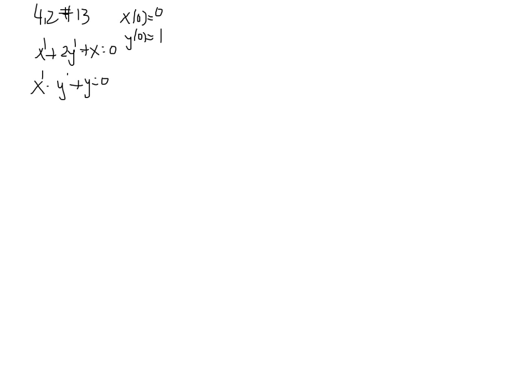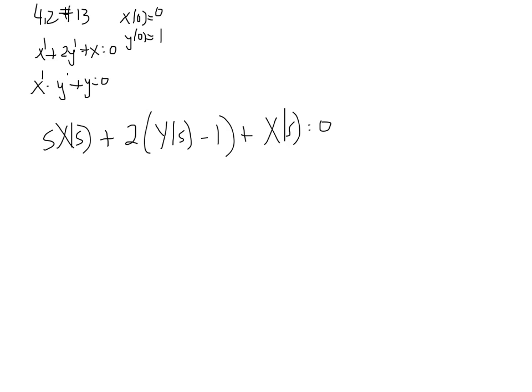Alright, this one, I'm not sure I'm going to have space to write all this, but we'll try. So I take the Laplace transform, I get s x of s minus x at 0, but that's 0, plus 2 times y at s minus y at 0, that's 1, plus x of s equals 0.